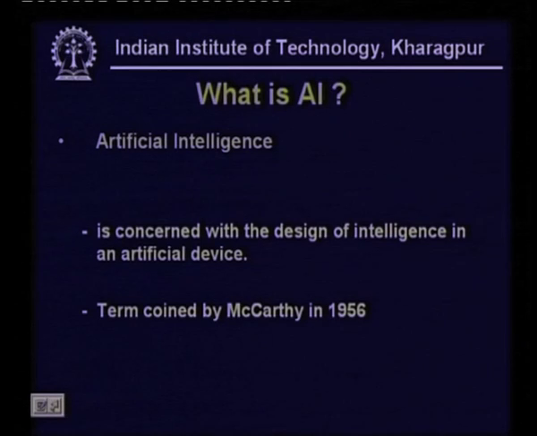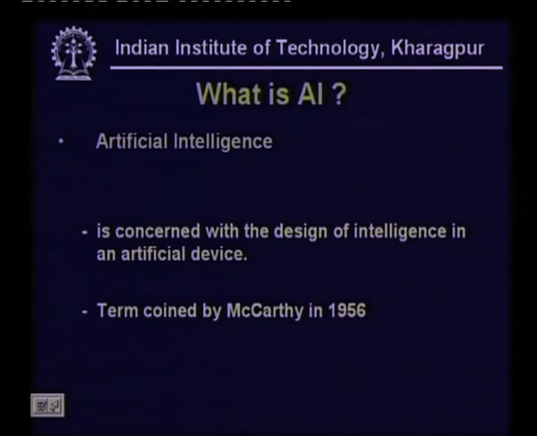Now, what is artificial intelligence? There are too many definitions of this term floating around. As is clear from the two words, artificial intelligence, AI is concerned with the design of intelligence.